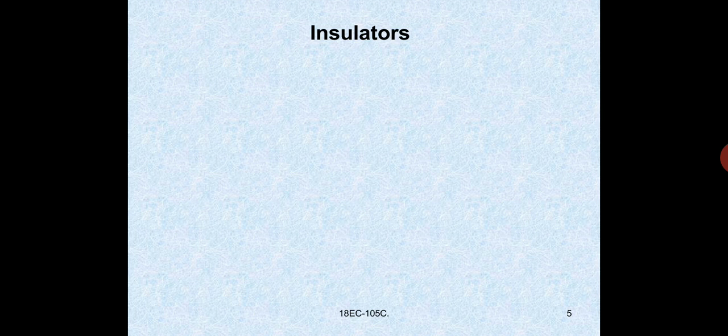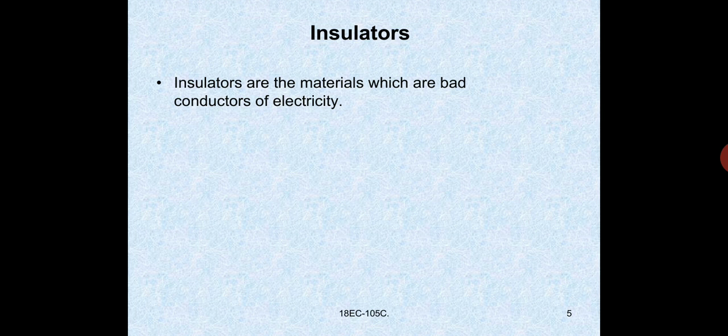Now let us see what are insulators. What are insulators? They are opposite to that of the conductors. The materials which are very bad conductors of electricity, they are called as insulators. Can you say some examples?